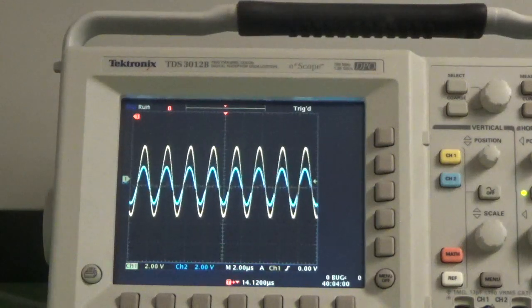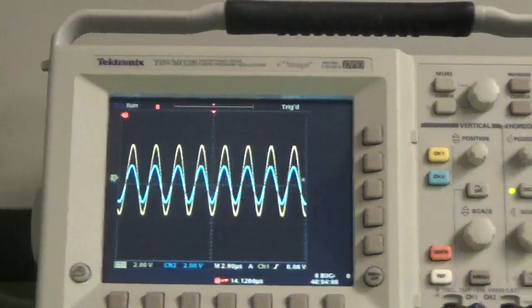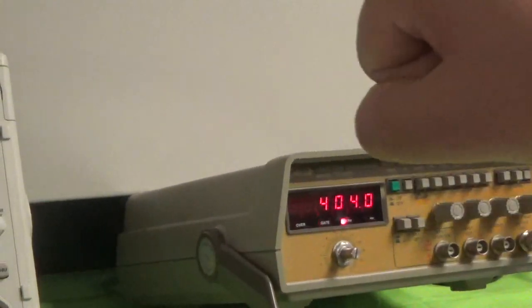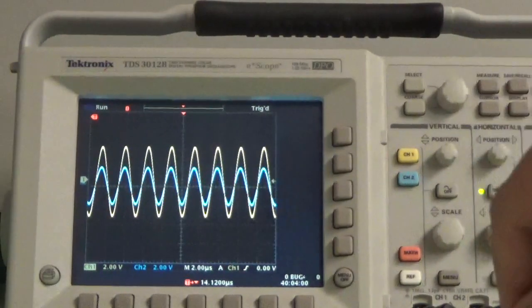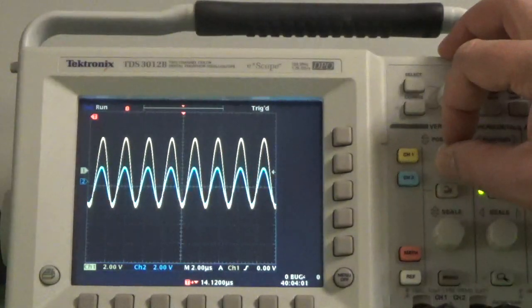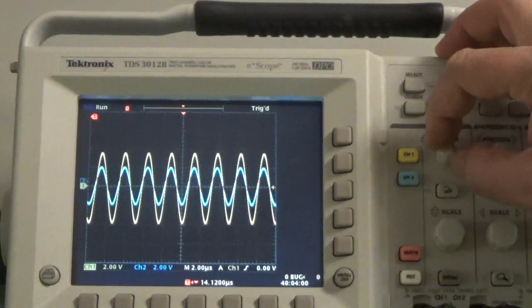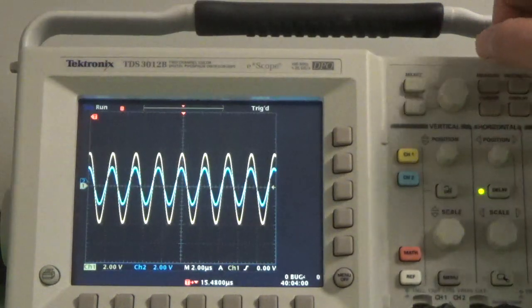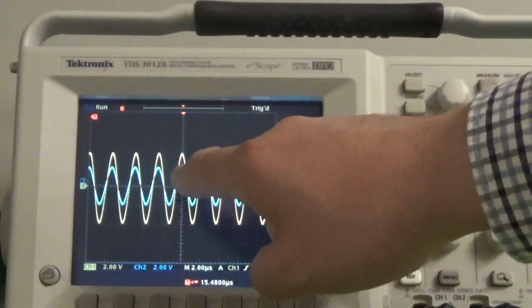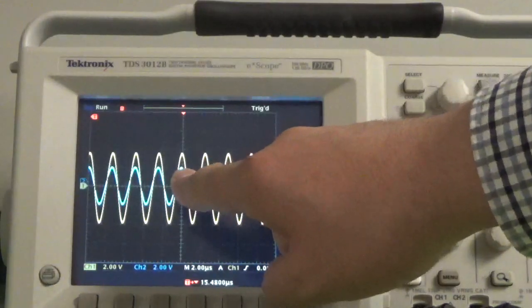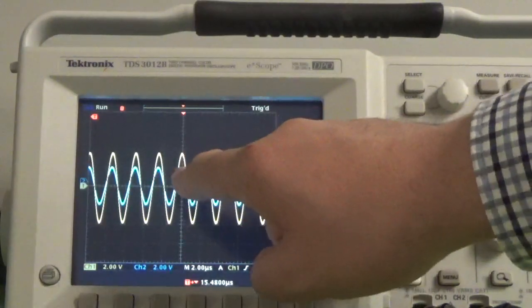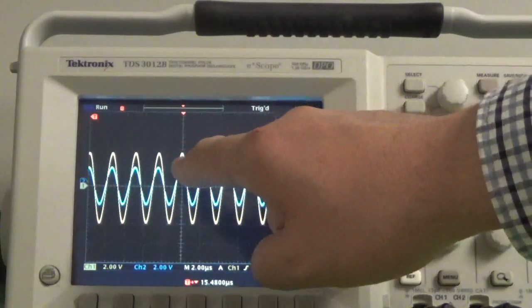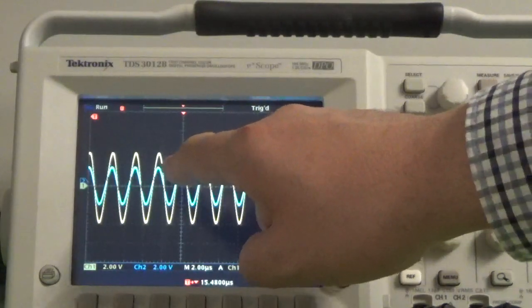400 kilo, of course. So with around 400 kilohertz, you can see that we have voltage from the output signal. We have 1, 2, 3 squares point 8.